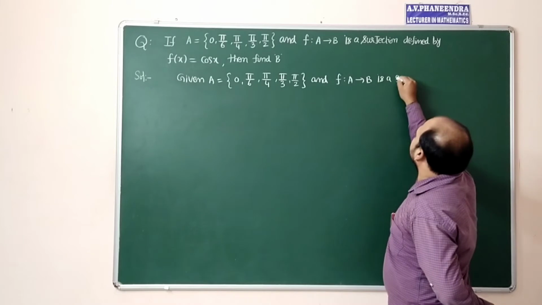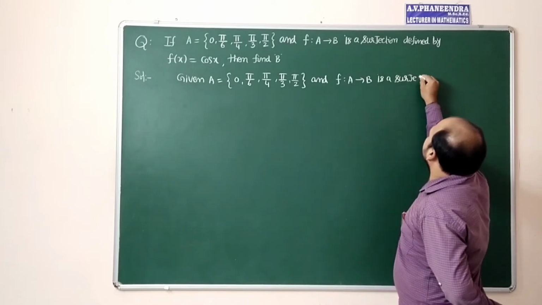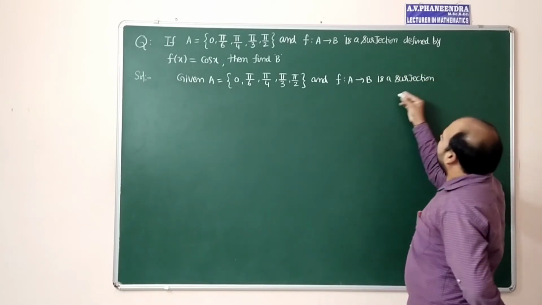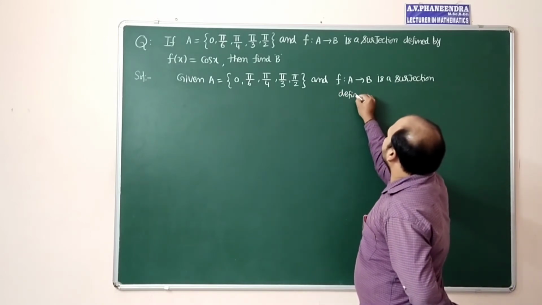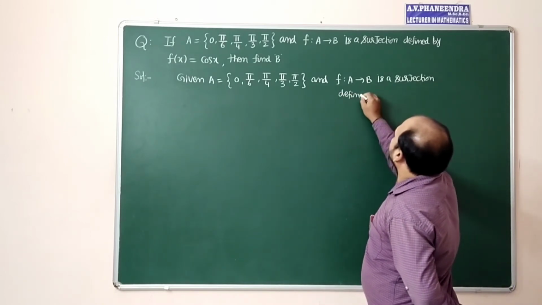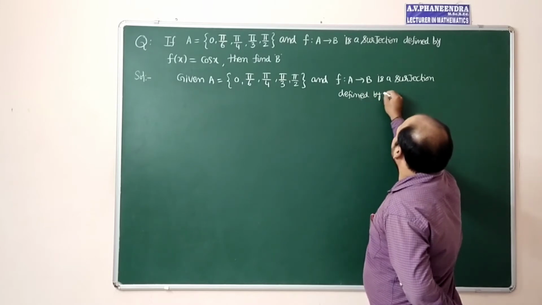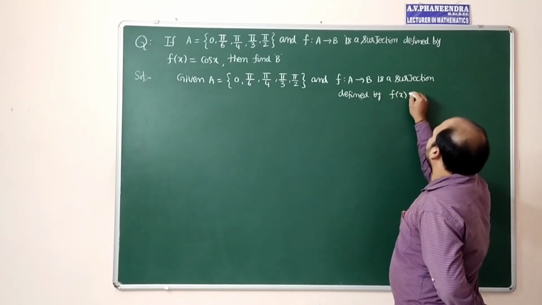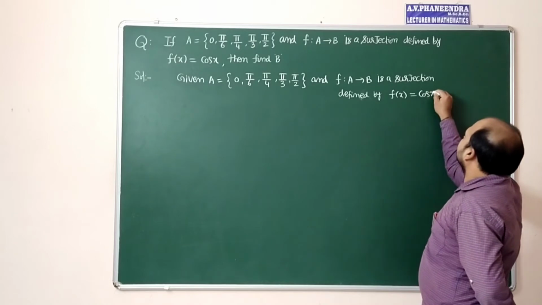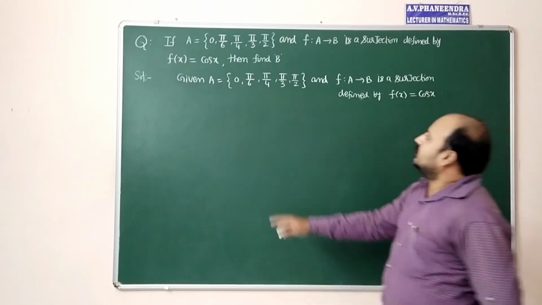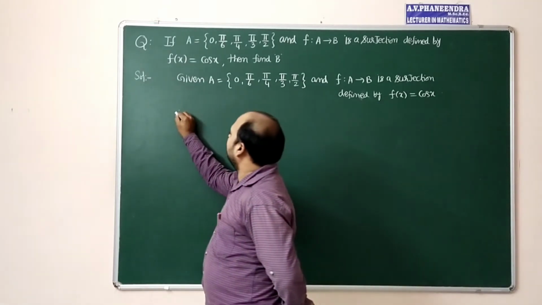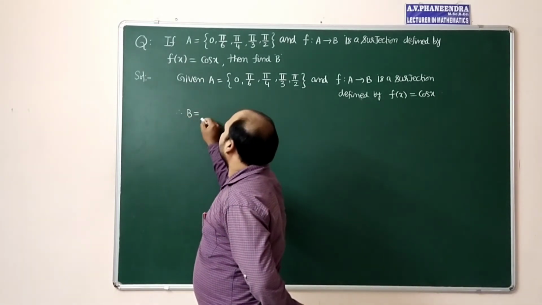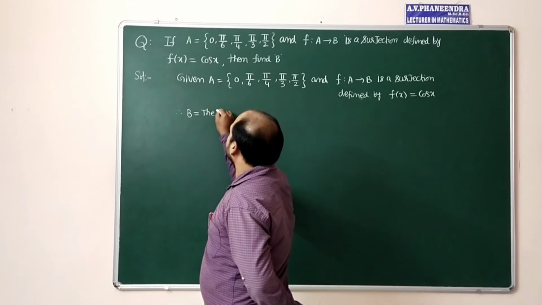Is a surjection and defined by f of x is equal to cos x. They are asking to calculate, then find B. Therefore, B equal to the range of f of x.